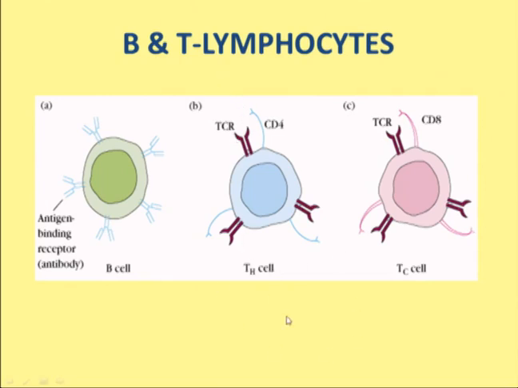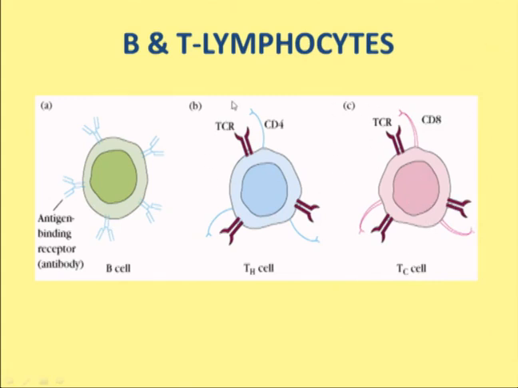Here it is noteworthy that all the T helper cells are CD4 positive and they do not have CD8 on their surface. On the contrary, all the TC cells have CD8 molecules on their surface and they do not have CD4 on their surface. So T helper cells are called CD4 positive T helper cells, and TC cells are known as CD8 positive TC cells.